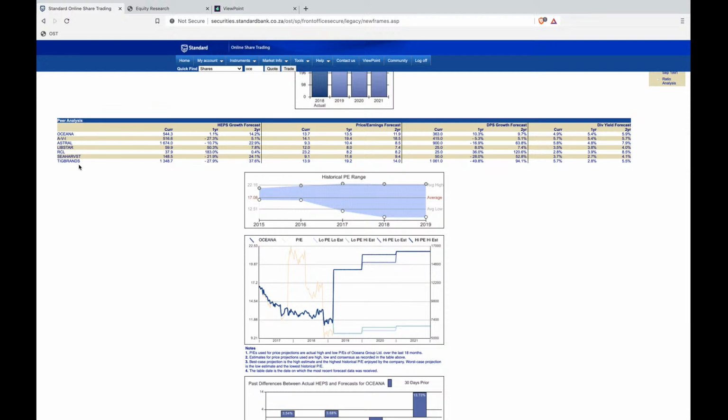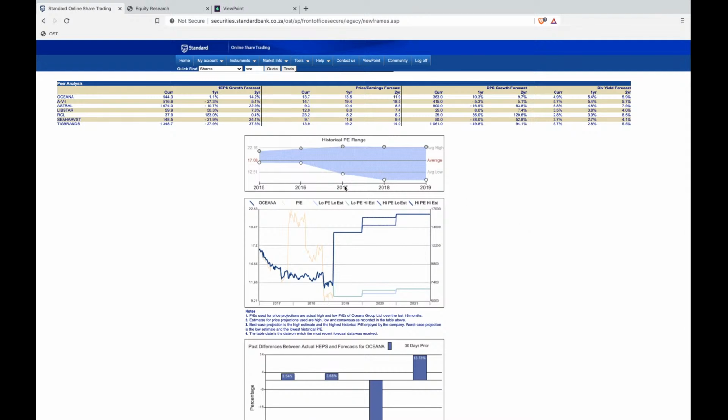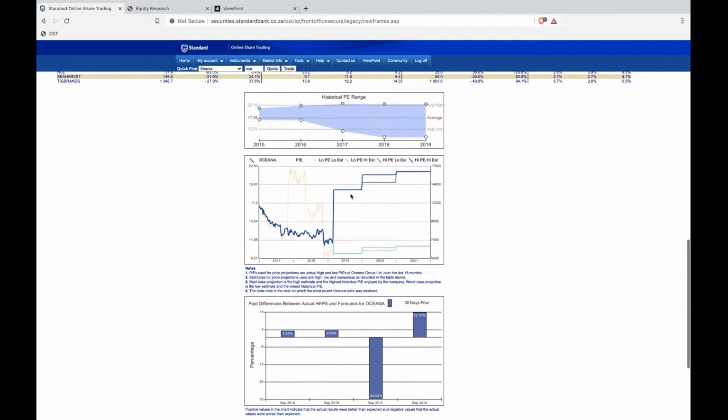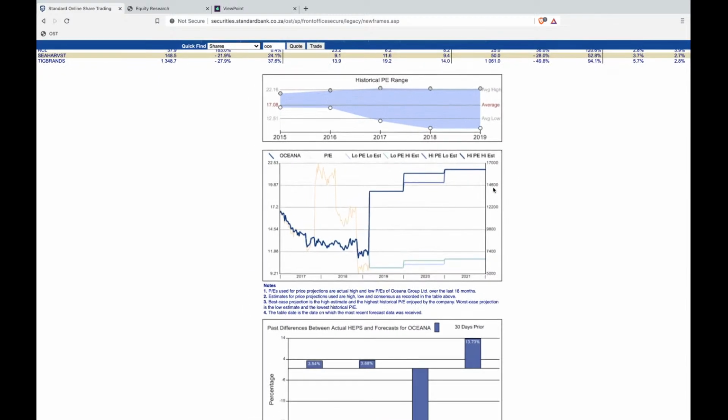Sea Harvest, spot on. So HEPS forecast growth, price earnings, forecast growth, dividend, and then dividend yield at the same time. The historic PE range is just giving you a sense of what that PE has traded through over the last 5 years.